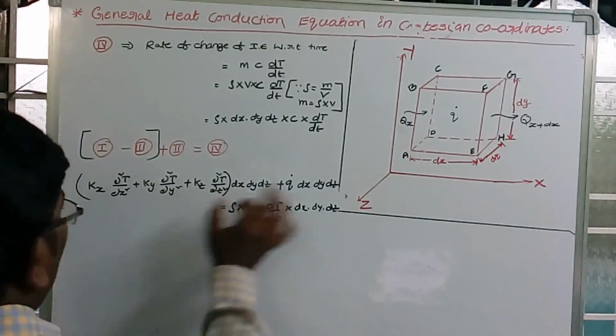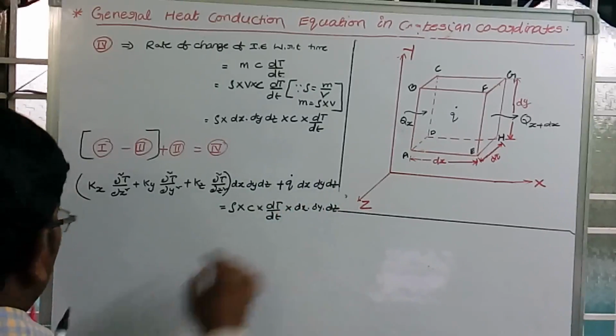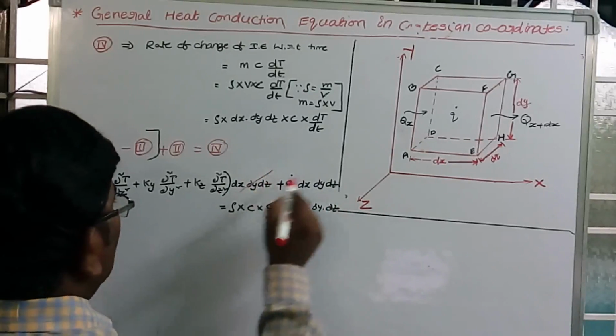So on the LHS and RHS, dx dy dz is common and cancels.